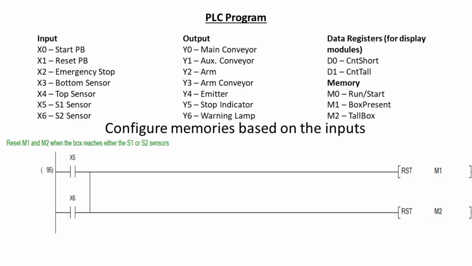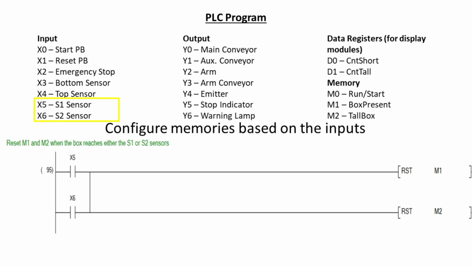As we are aware, M0 can be set by pressing the Start push button and reset by pressing either the Reset push button or the Emergency Stop. Similarly, we require a mechanism to reset both M1 and M2. Here's where the role of the S1 and S2 sensors comes into play.